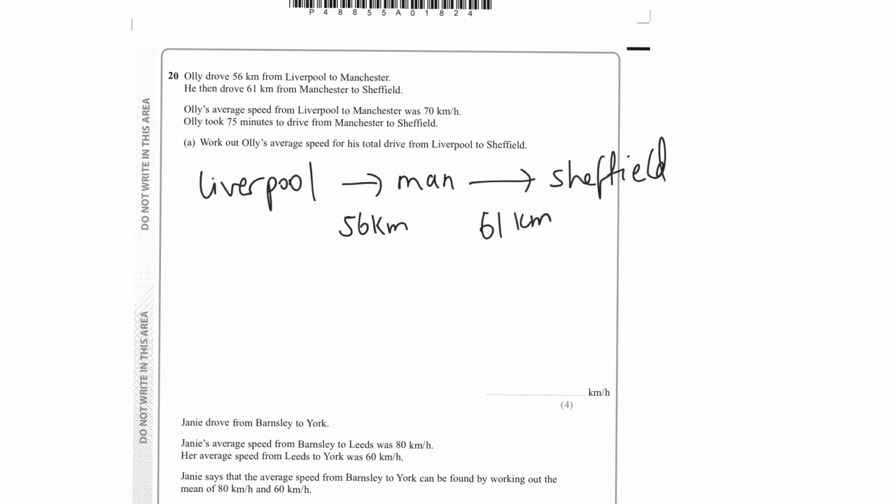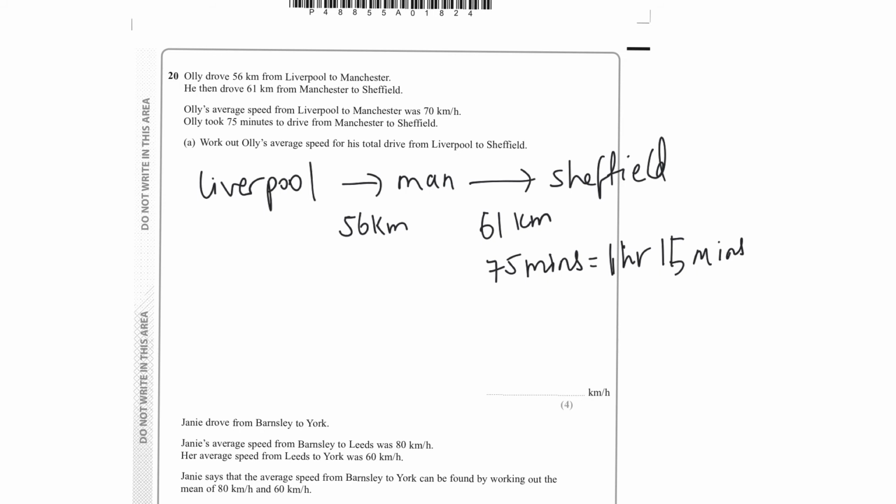The speed from Liverpool to Manchester was 70 kilometers, but the total time from Manchester to Sheffield was 75 minutes, aka 1 hour and 15 minutes. So it wants us to work out the total average speed from Liverpool to Sheffield.